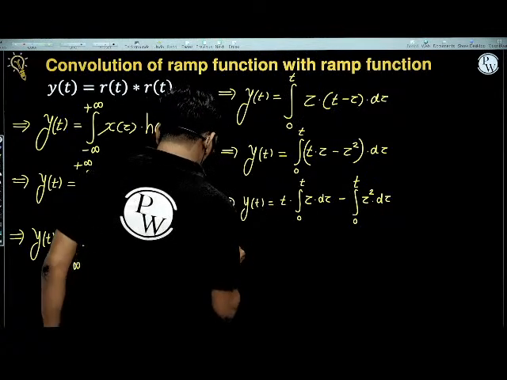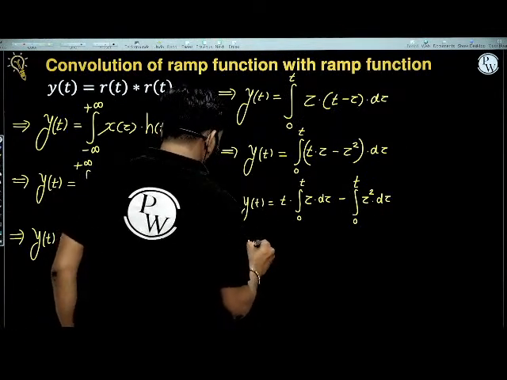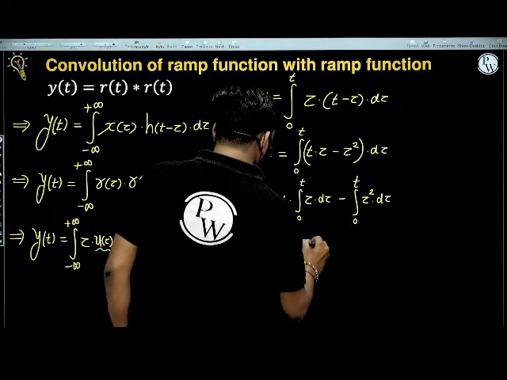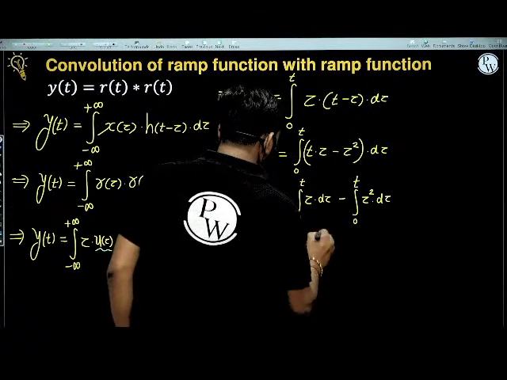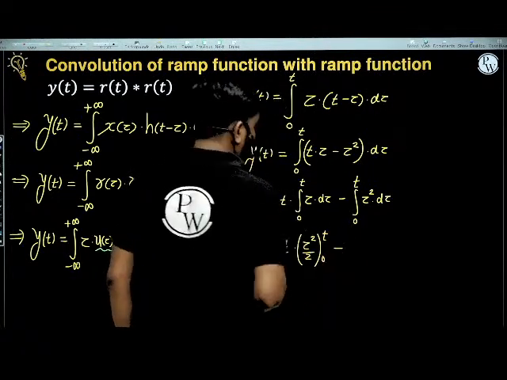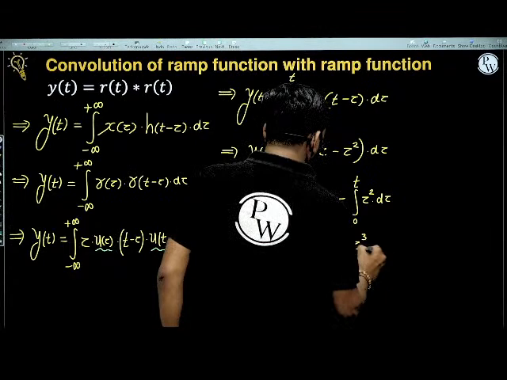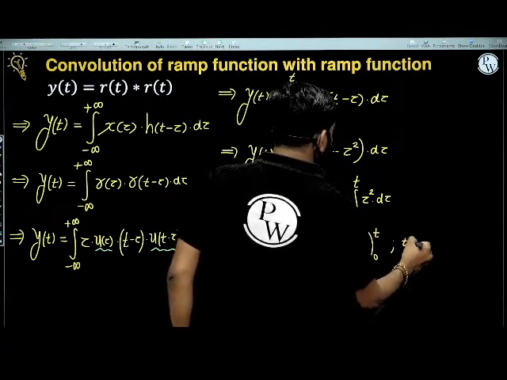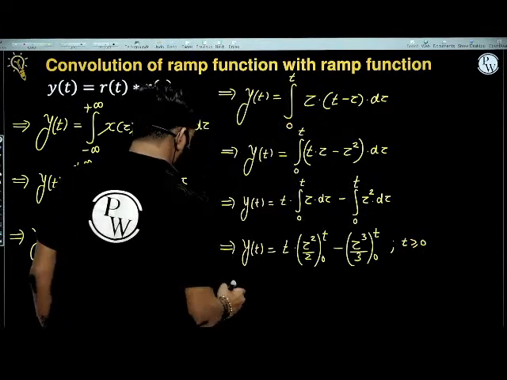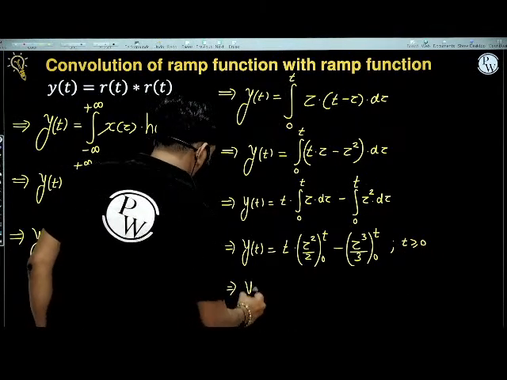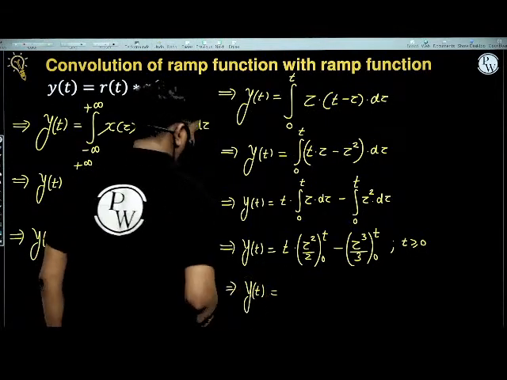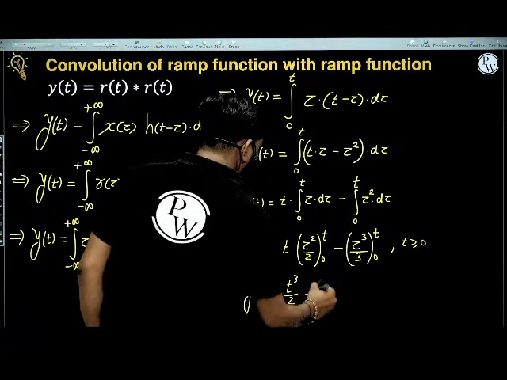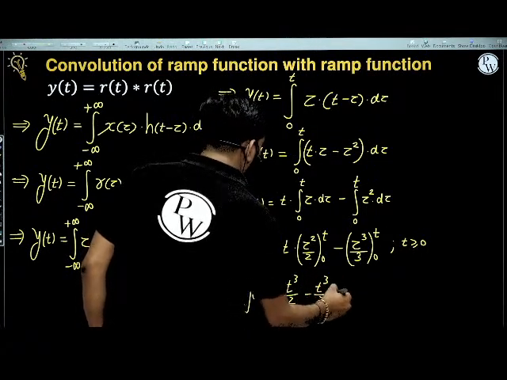Okay, so y of t is equal to t times tau square by 2 from 0 to t, minus tau cube by 3 from 0 to t, and this is for t greater than or equal to 0. So here it is t cube by 2 minus t cube by 3.